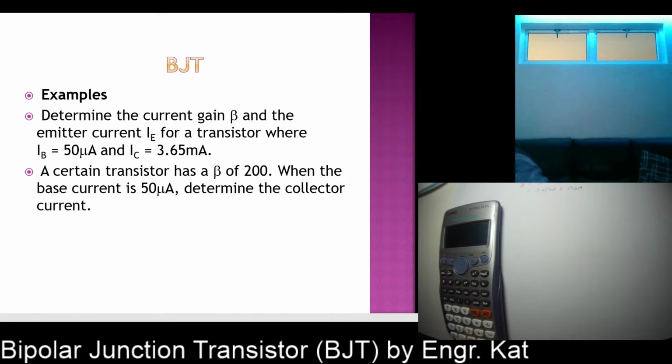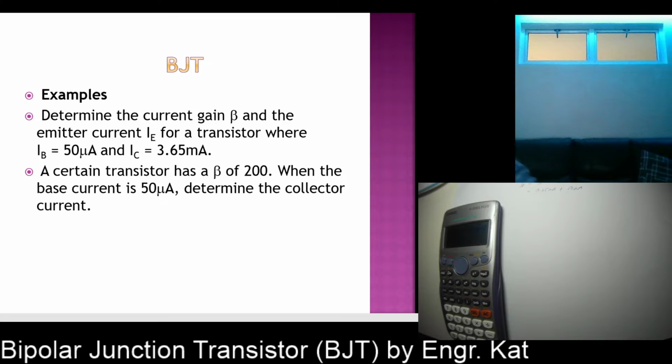We have here 3.65 exponent negative 3 plus 50 exponent negative 6 for micro.